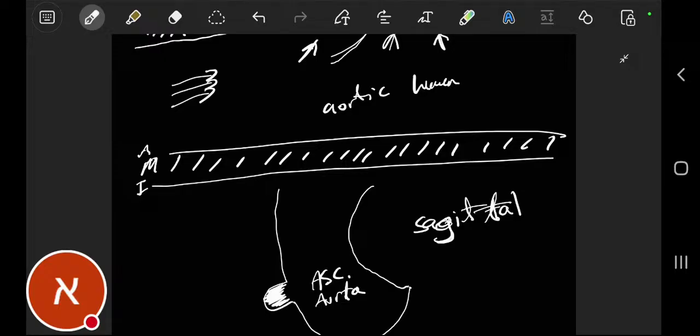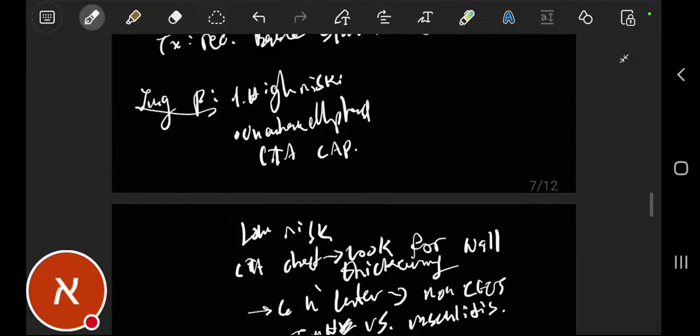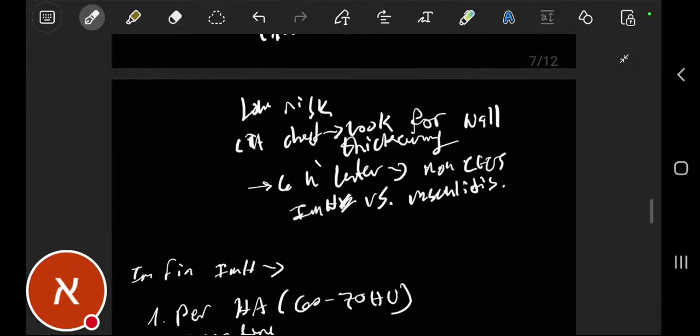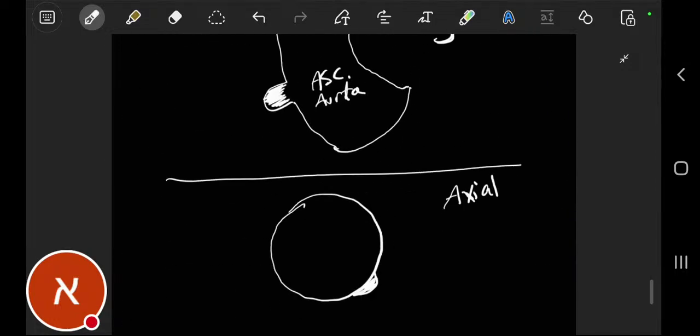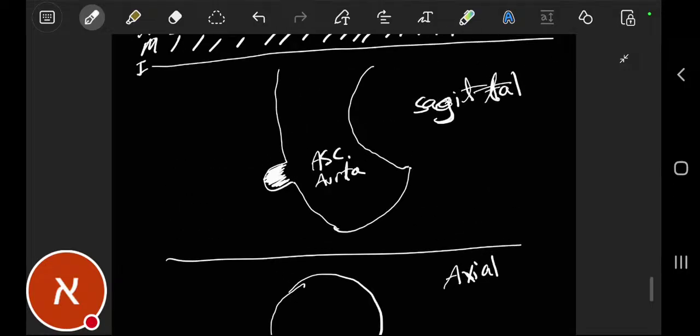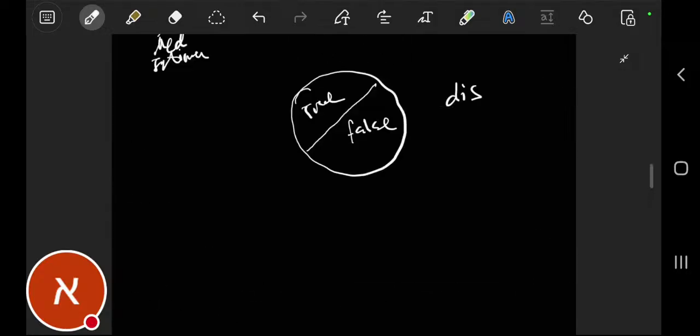Now, maybe the last thing is to remember that if we see any of those things that we talked about, aortic dissection, intramural hematoma, penetrating atherosclerotic ulcer, many areas of the aorta may be damaged. And when we do imaging, we may capture only one part of the problem.